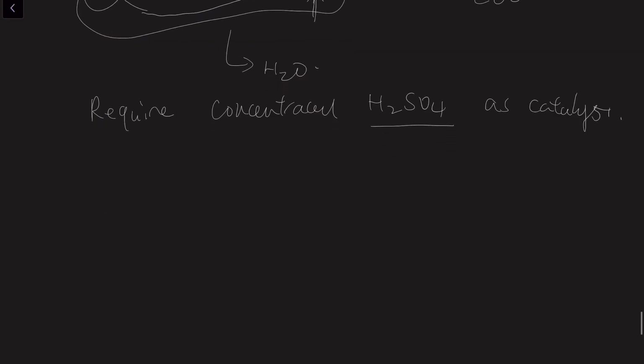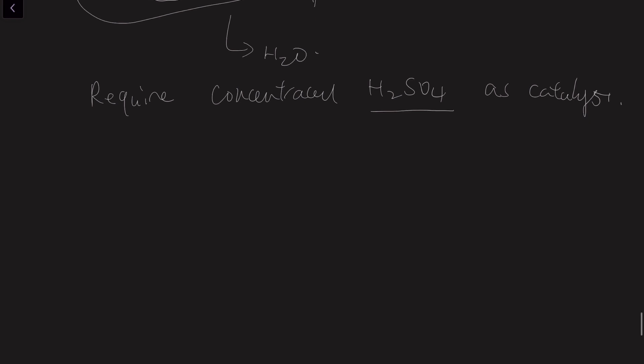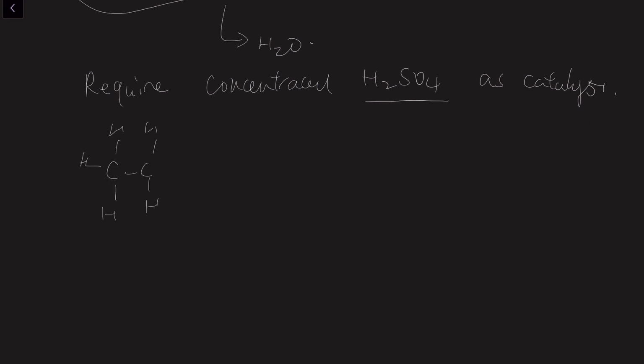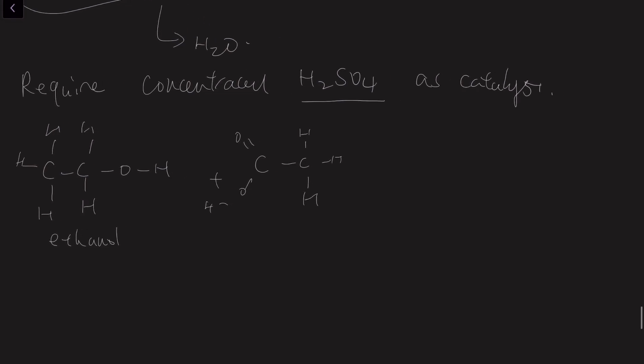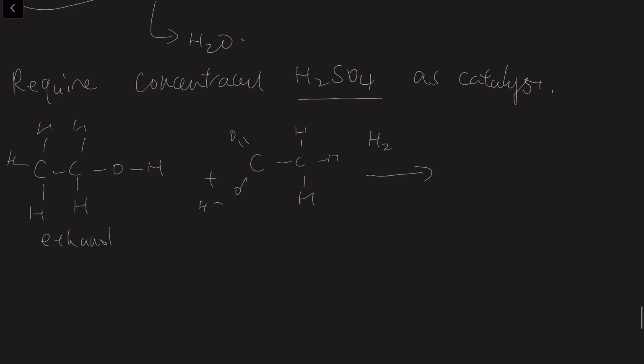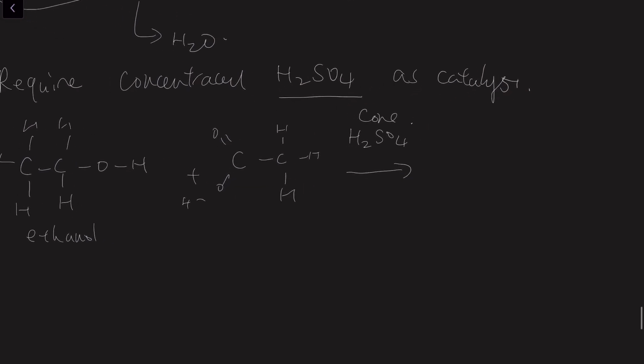Let's look at one more example. This is ethanol. We combine with ethanoic acid on the condition of concentrated sulfuric acid. The OH part from the acid and the H from the hydroxyl group combine to form water.